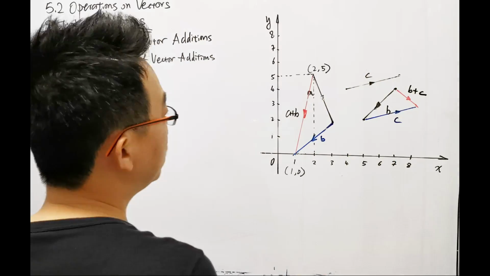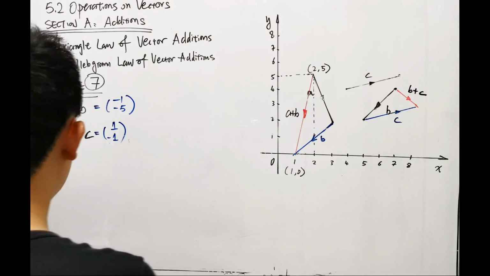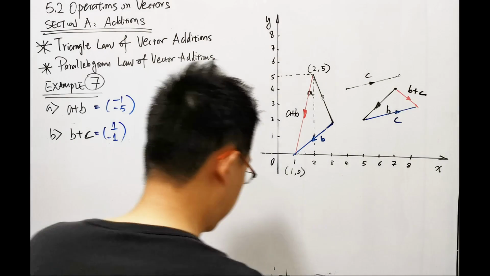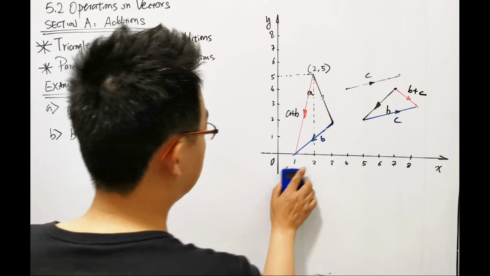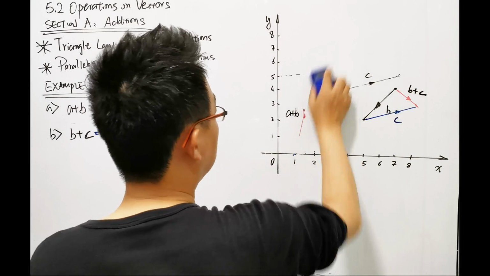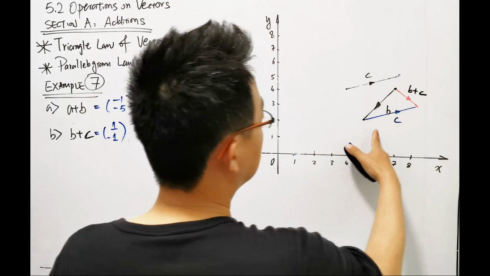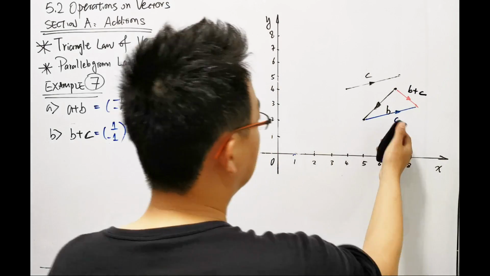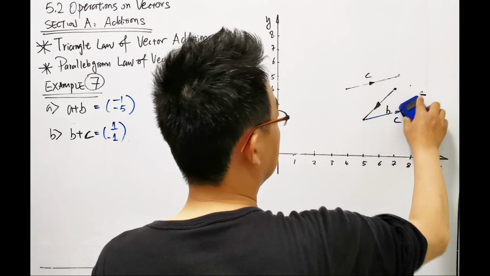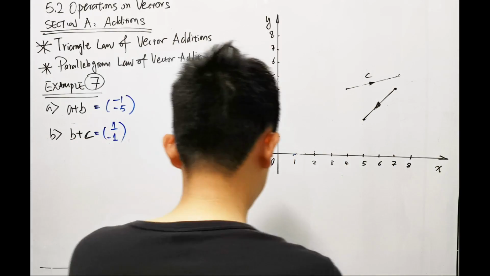We can combine these two initial points. Okay, let's do it differently. We're going to erase these things. Erase the first one. Let me see how to use the parallelogram. So this method everyone knows, right? I'm going to remove this triangle way. Now we're going to use another method.